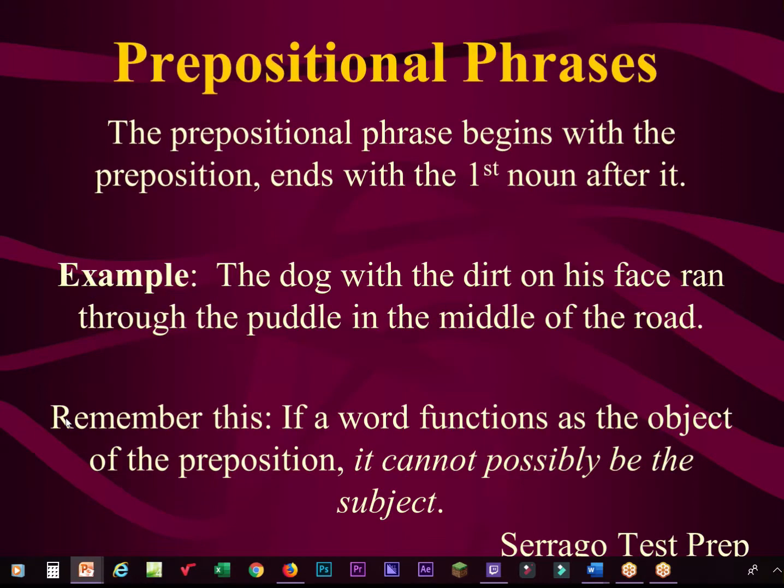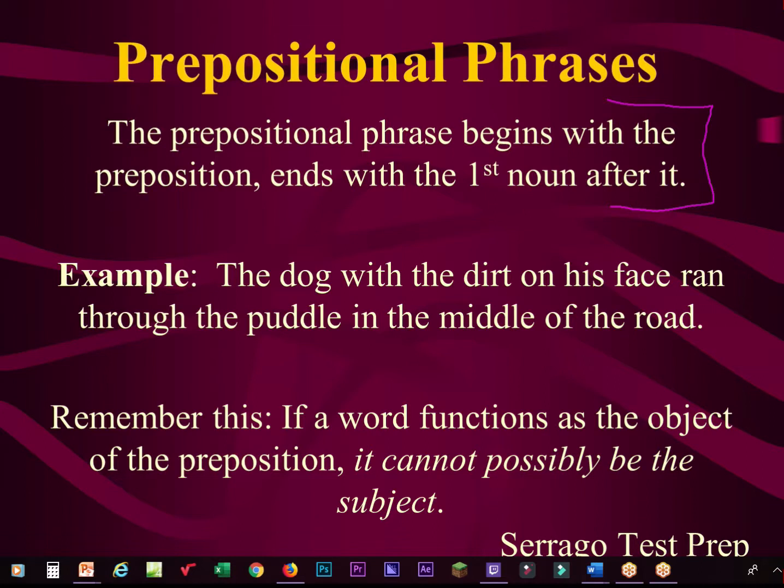So now we want to move on to prepositional phrases, because these are the things that we have to be able to recognize in order to help ourselves on the test. Now, a prepositional phrase will always begin with the preposition and it will end with the first noun after it.